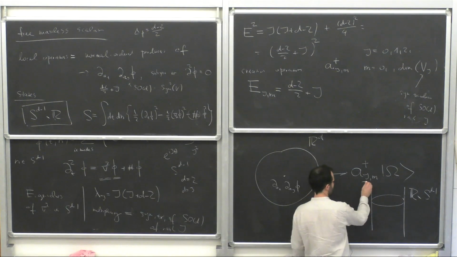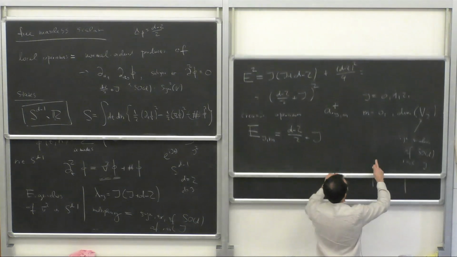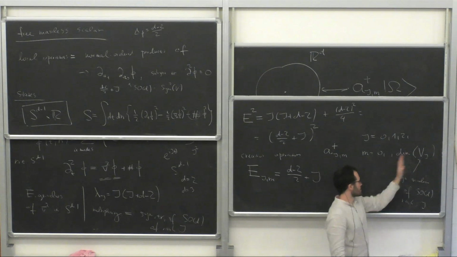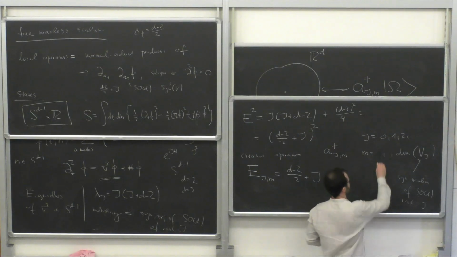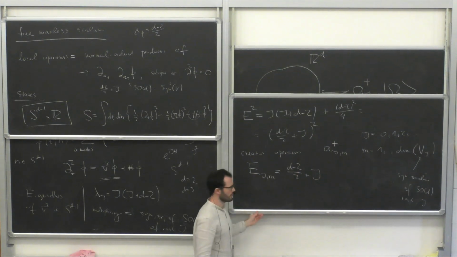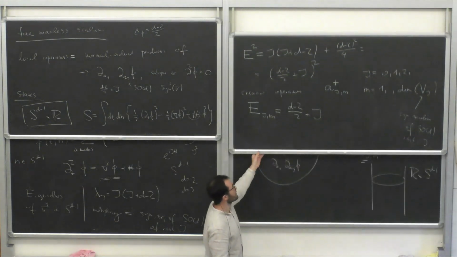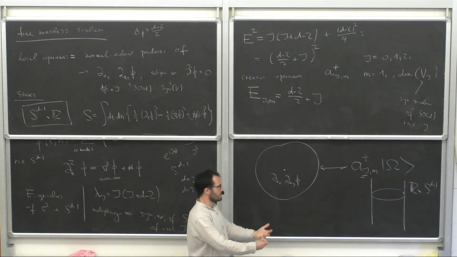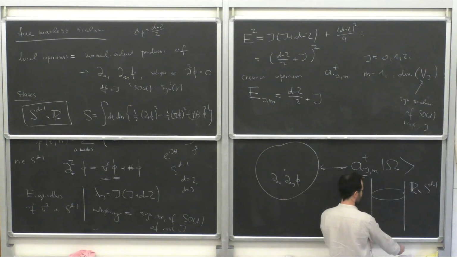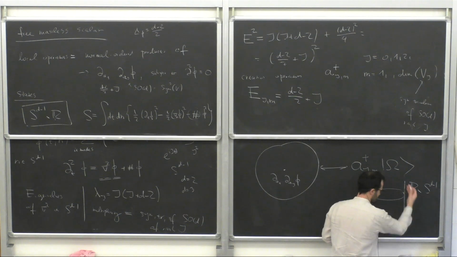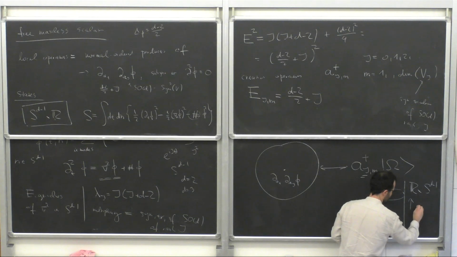It's labeled by j, which runs from 0 to infinity, and then by m, which runs from 1 to the dimension of a certain finite dimensional representation of SO(d). And then you can ask, what is the energy? So energy meaning the eigenvalue under the translations along the cylinder. So this is the time evolution, right?